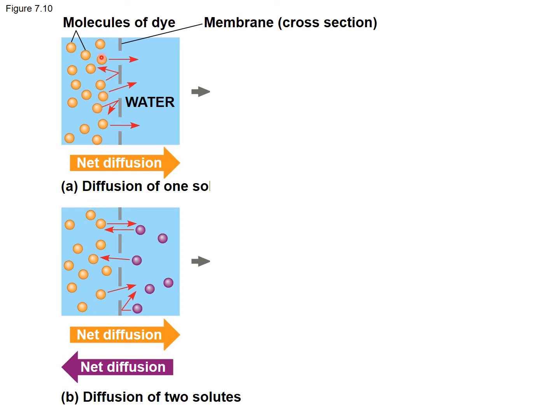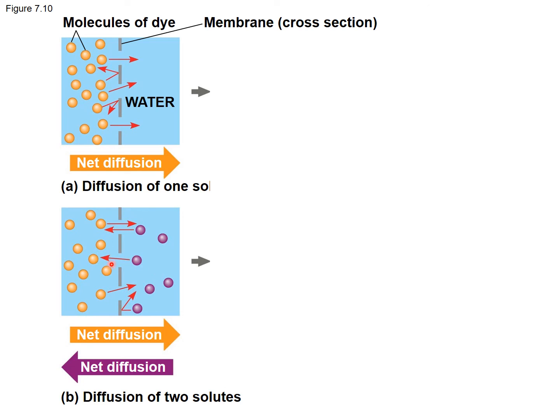The orange are going to move from left to right until they reach equilibrium. The same thing goes for the bottom: the orange are going to move to the right and the purple are going to move to the left. So the rate of diffusion is increasing, in this case, for the orange from left to right and for the purple from right to left.